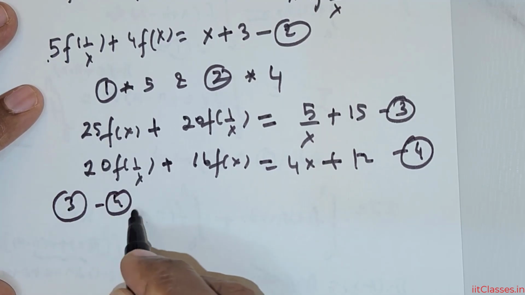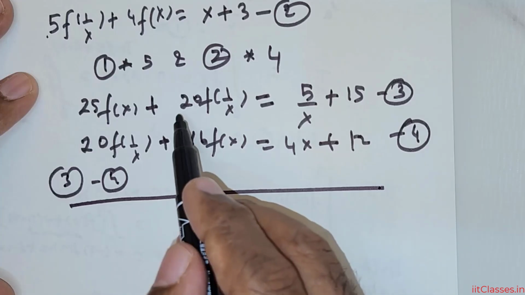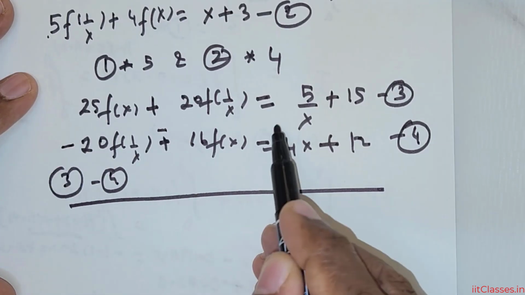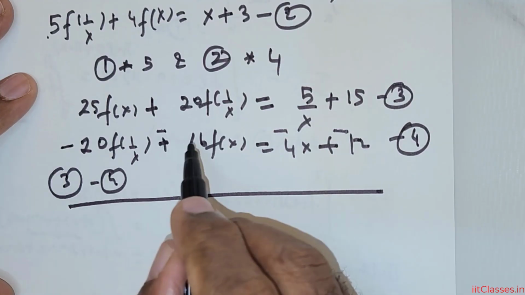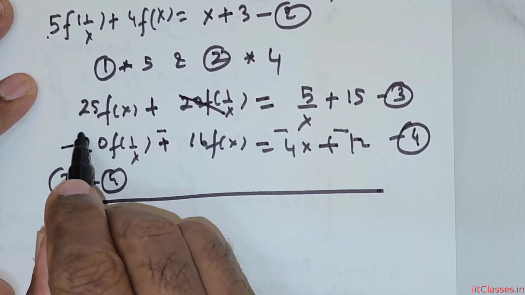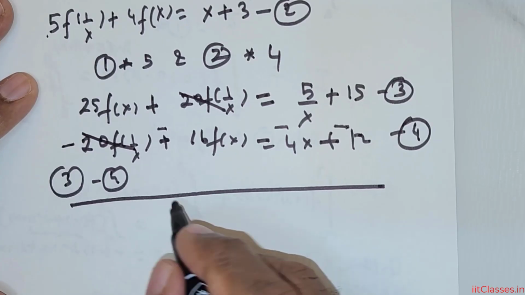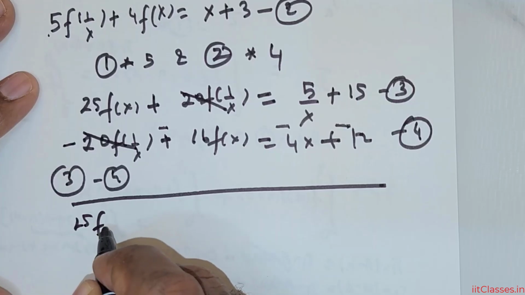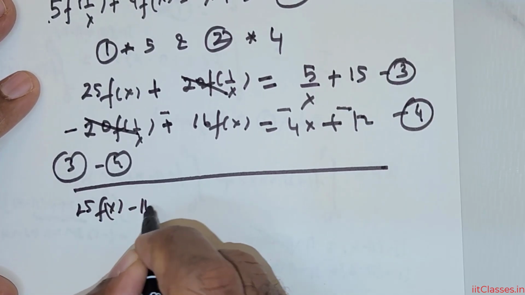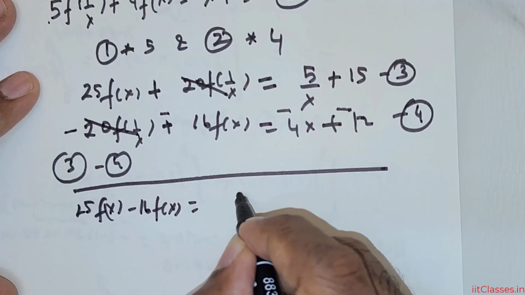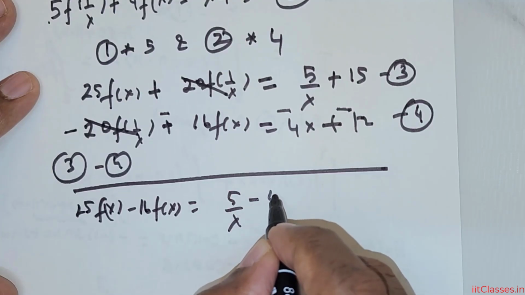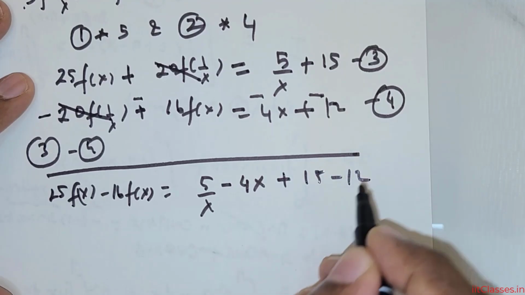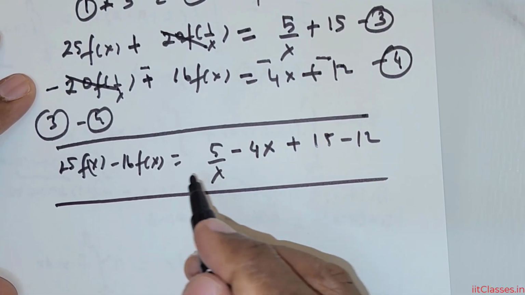Now 3 minus 4; the negative sign will flow all over here. So 20 f of 1 over x minus 20 f of 1 over x, they get cancelled, giving me 25 f of x minus 16 f of x is equal to 5 over x minus 4x plus 15 minus 12.